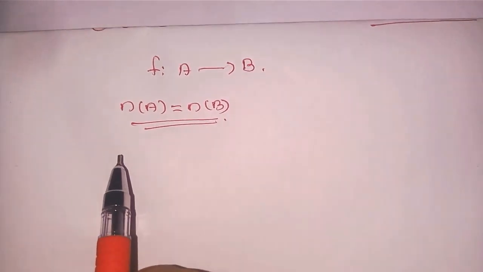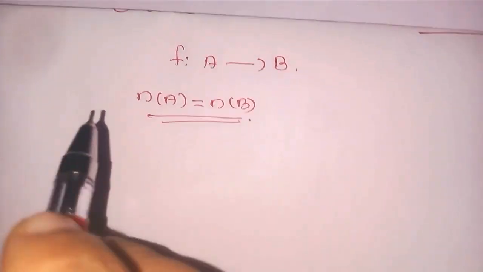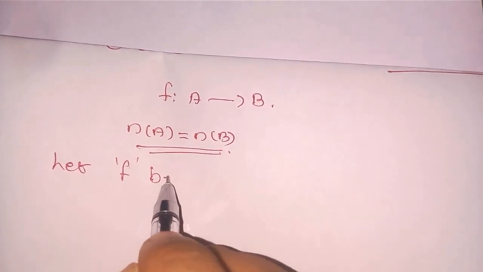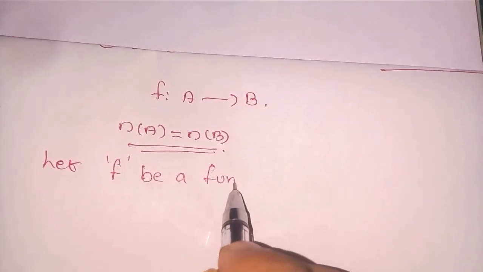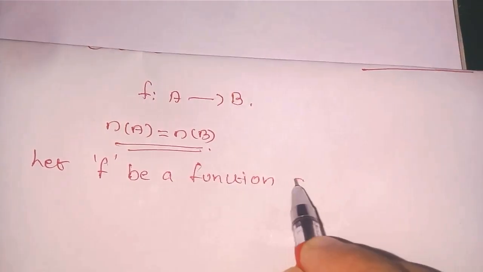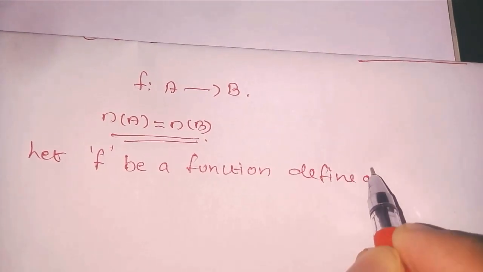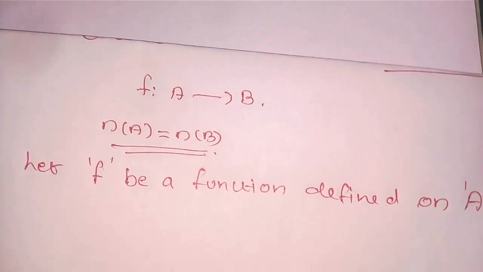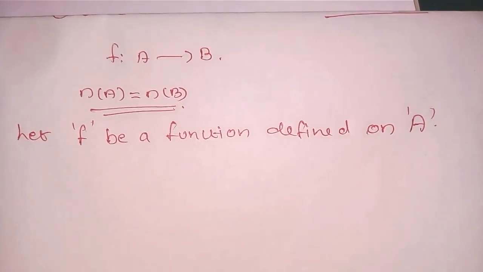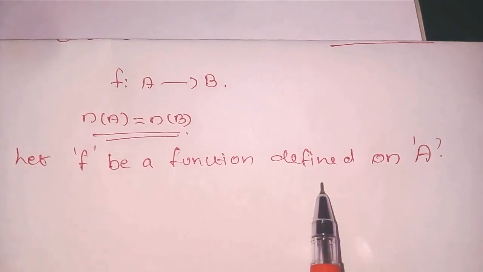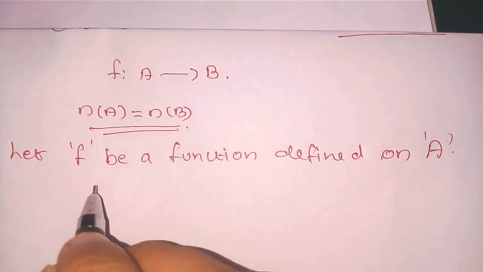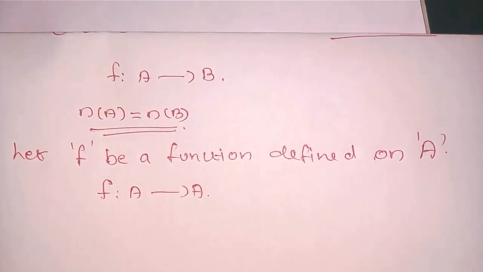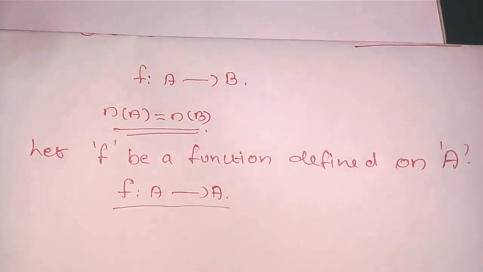So one more condition we want to consider here. Let f be a function defined on a set A. What is the meaning of this? f is a function defined on A means its domain and codomain are the same set A itself.